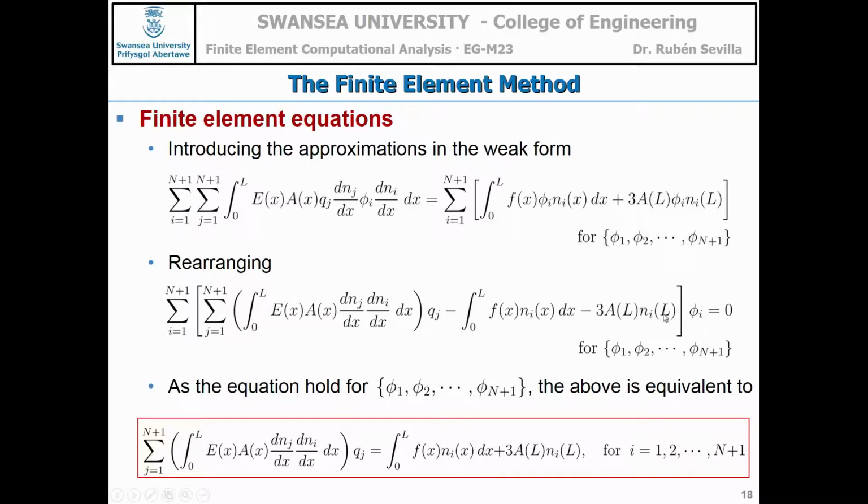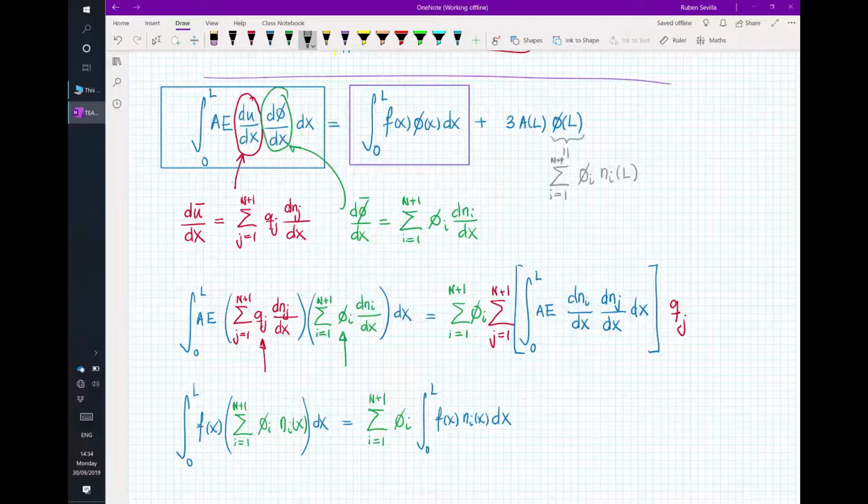And what one realizes when you get to this point is that the phi I, you can also see it in my slides, is common always. You have it here, you have it here, and you have it here, right?